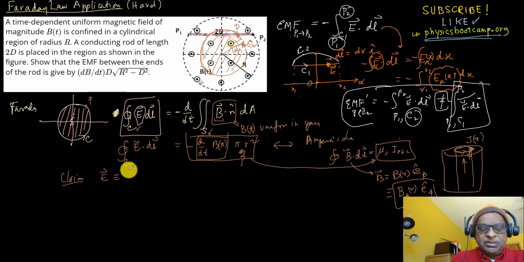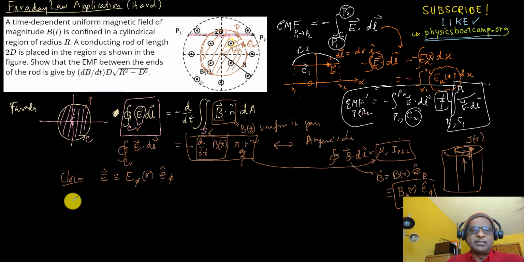But you're going to do it this way. Here there are no other charges involved, so a very similar argument can be made, and we say there will be a phi component, and so I'm going to claim this.